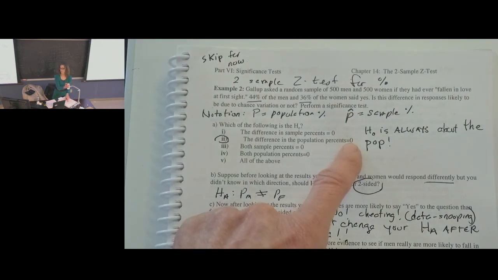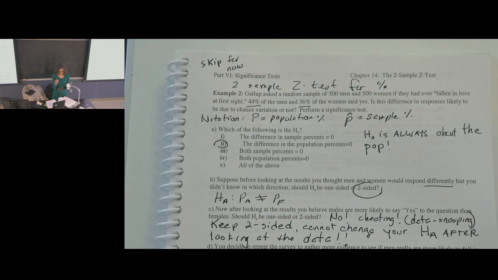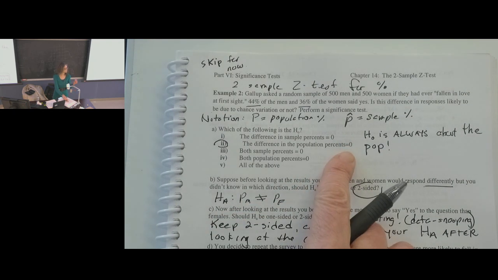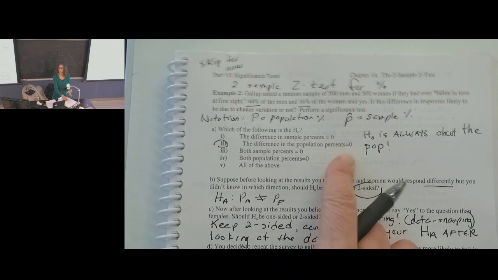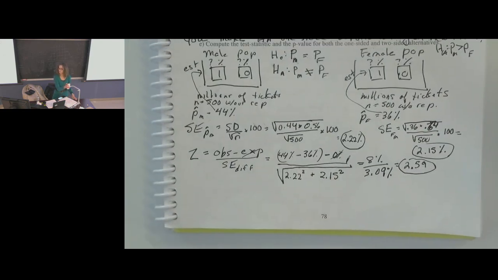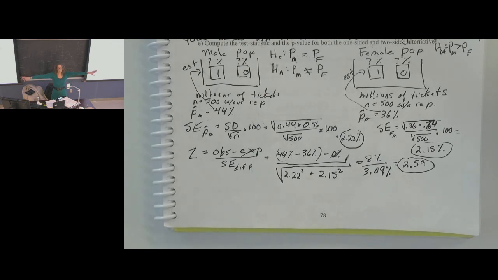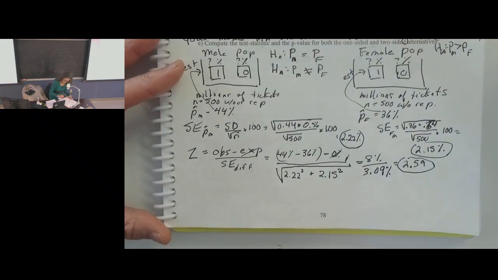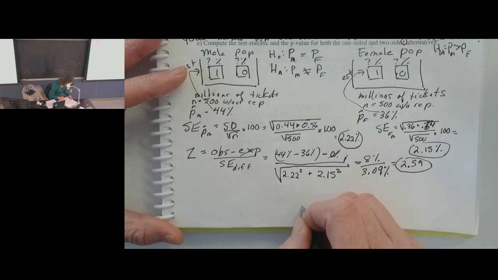It's the strict null, and for all these problems, when we're comparing two things, it's always going to be 0 for the problems we're doing in Stat 200. It doesn't have to be, but for the ones we're doing, it will be. All right, so now what's my next step? Y'all know what the next step is, right? A normal curve, and you're going to have to be drawing this on your own. You're not always, but you'll have the table, so we can do this, and we'll just draw a picture.